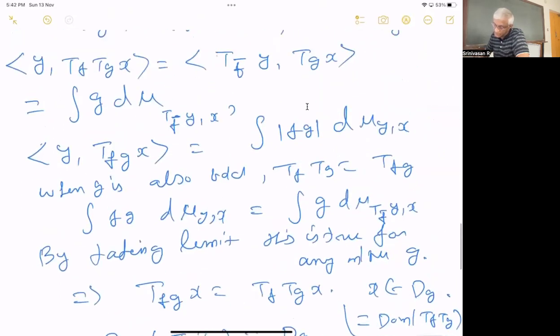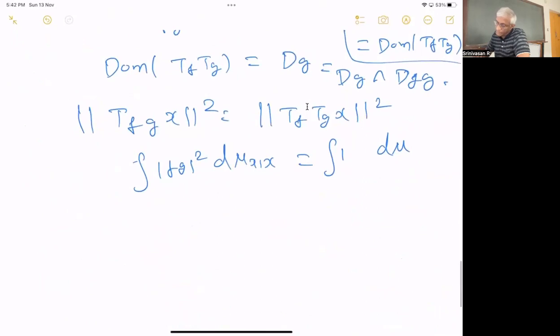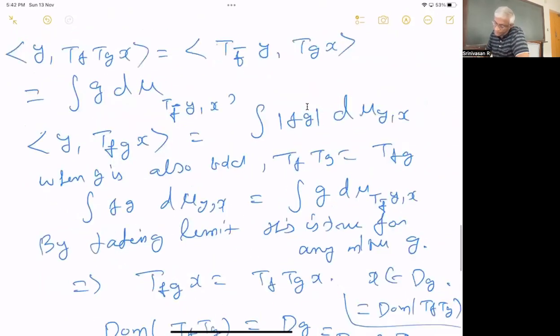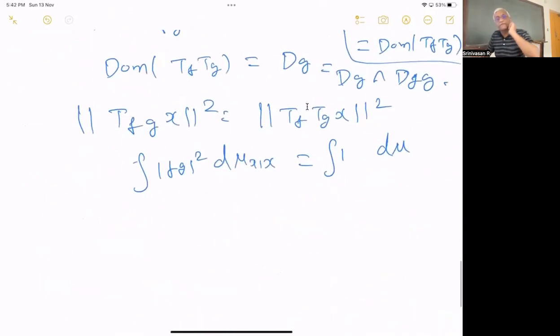There we had a square. No? Oh, that is because of the bar, is it? Maybe we should have. Now we want to check for bounded F. This is okay. Mod F squared of y, T_G x. Okay, right? Now you take G to be bounded. This is generally true.